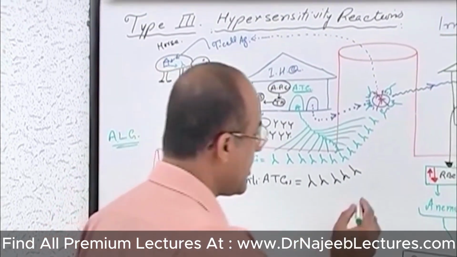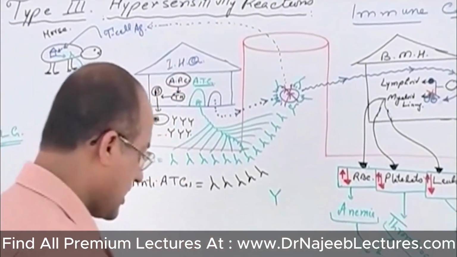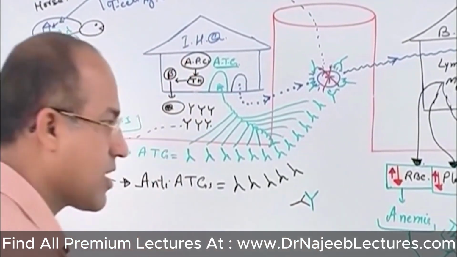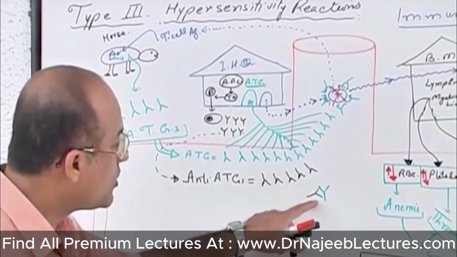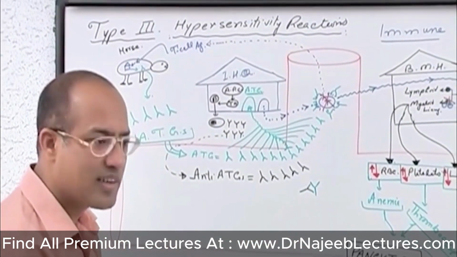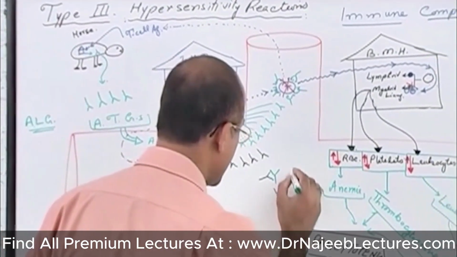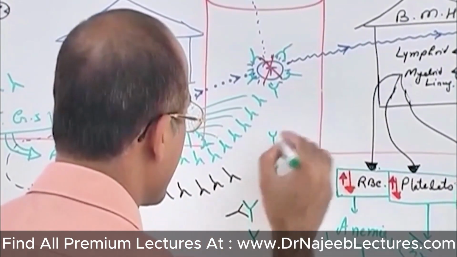And so let's suppose this is the ATG, and this is reacting to the ATG, the anti-ATG. Is that right? Now this is becoming an immune complex. So there will be a lot of immune complex formation within the circulatory system.